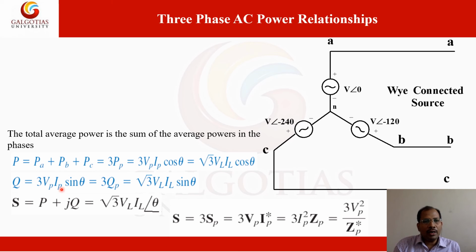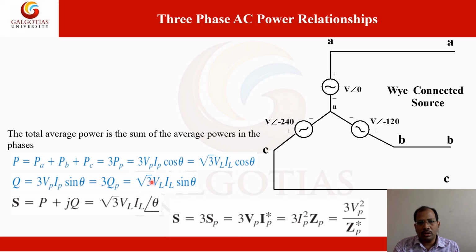Similarly we can calculate the reactive power. This we can also calculate for the single phase: we know the reactive power is Vp Ip sin theta. We multiply by 3 because it is a three phase system, that is equal to 3 QP, and we can convert this phase voltage and phase current in terms of the line voltage and line current.